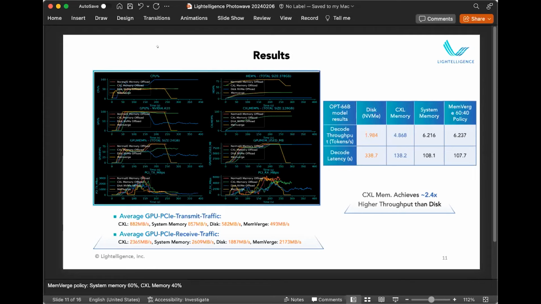On this chart, the decode throughput just running on disk was close to 2 tokens per second versus the CXL memory at 4.8. So about 2.5 times better decode throughput using the CXL memory. And looking at the latency, the latency was about 1/3 using the CXL memory. So a huge advantage there, even despite the fact that the memory was disaggregated and roughly 10 meters of fiber away from the server itself.